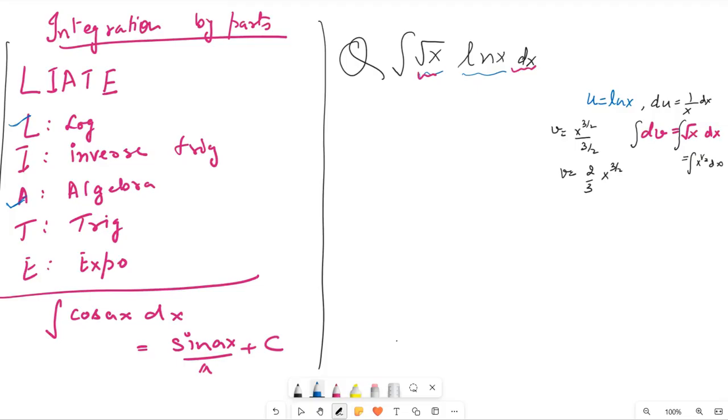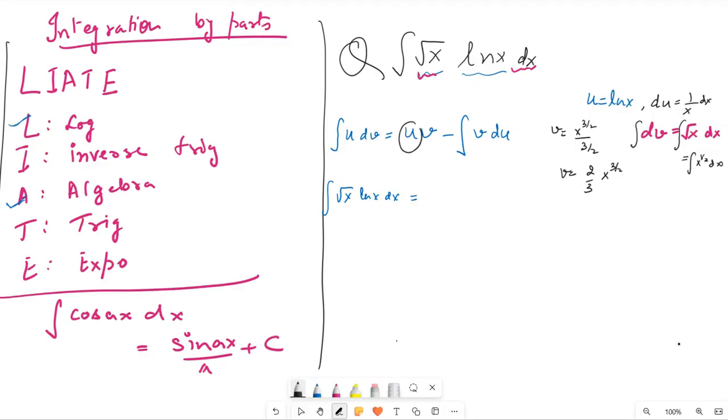Let's write down our integration by parts formula. Integral u dv is equal to uv minus integral v du. So we have our question in the format u dv because of our assumption.